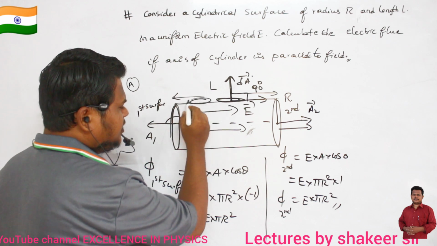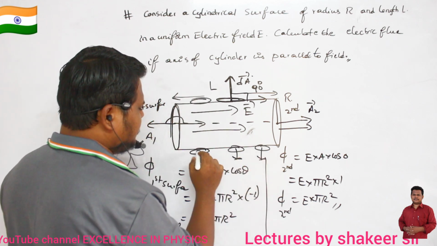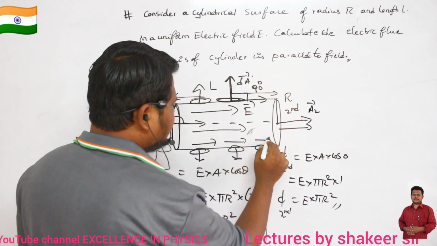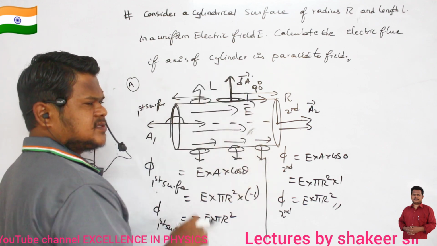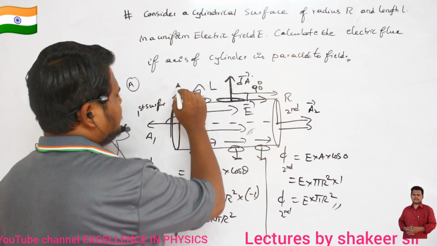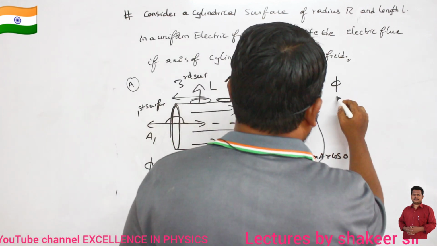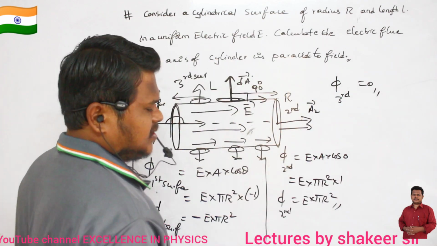Similarly, any dA on this curved surface is always perpendicular, no? This is the direction of dA, and the electric field is always at an angle of 90 degrees to this dA. So flux coming out of this curved surface is 0. If I name this the third surface, clear? So flux through the third surface is 0. Okay, so this is my answer.